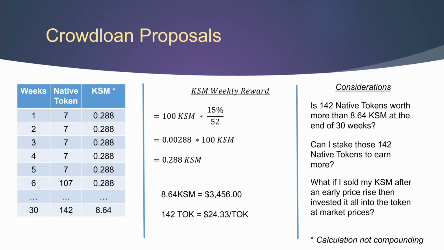But let's look at some of the considerations. I discussed the first one: is 142 native tokens worth more than 8.64 KSM at the end of 30 weeks? You need to make that call. You need to think it through. Can you stake those 142 native tokens to earn more rewards?